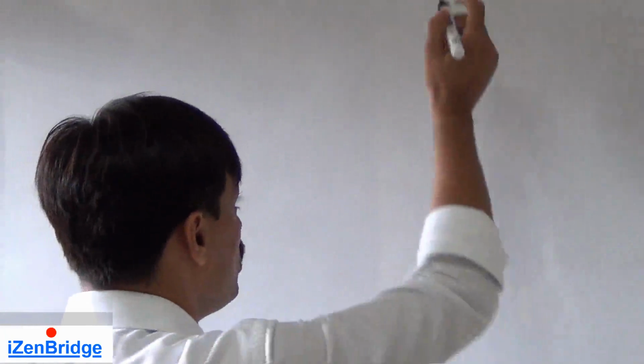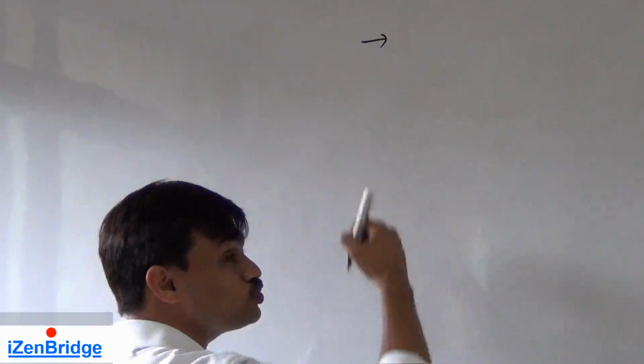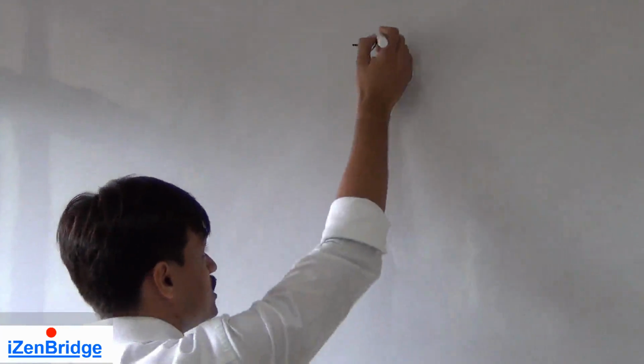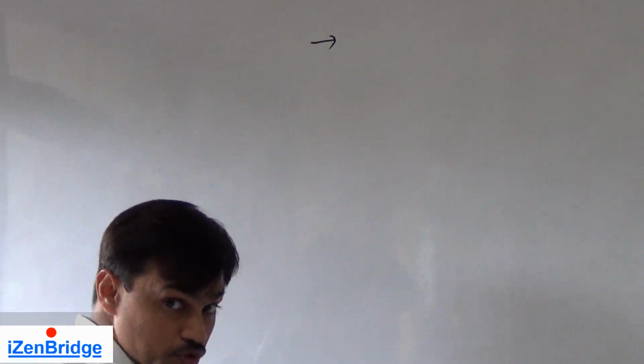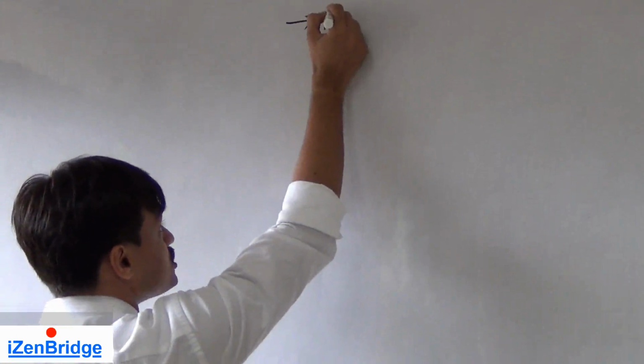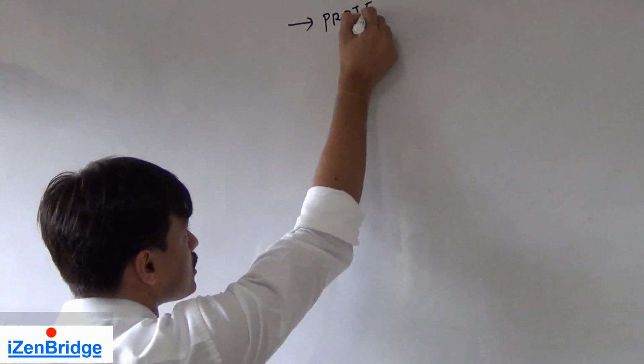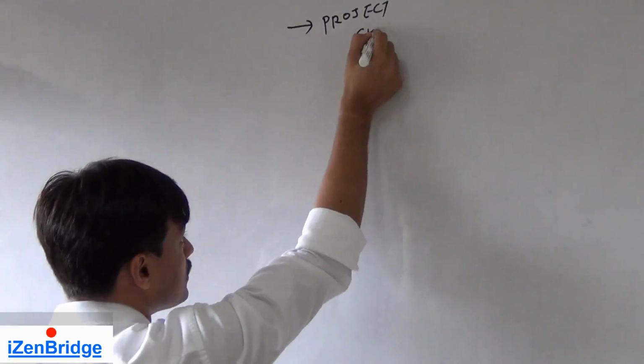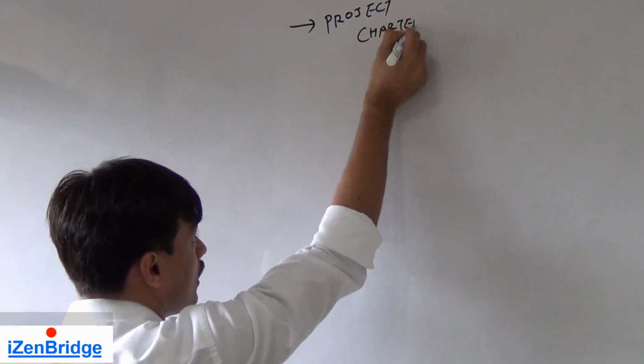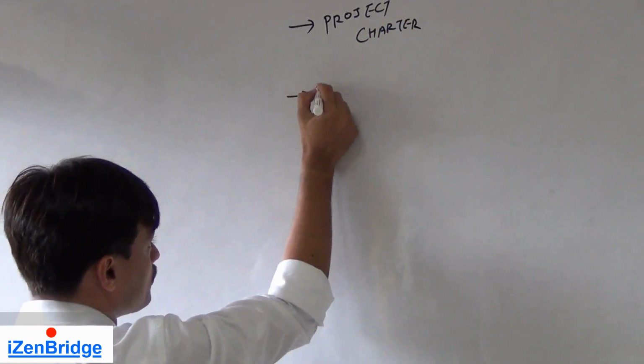Since we start from the beginning, we look at a primary source of information which is coming as an input to this process: the project charter and procurement documents.